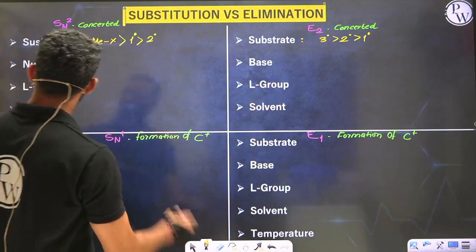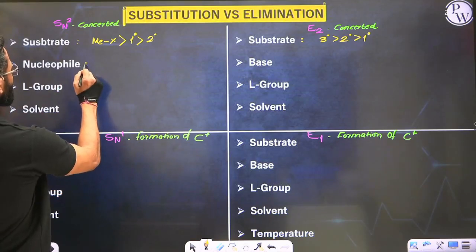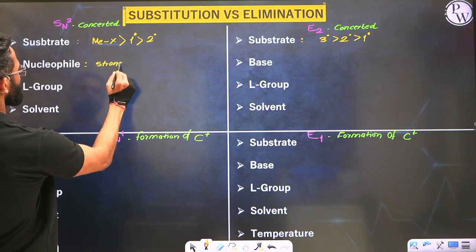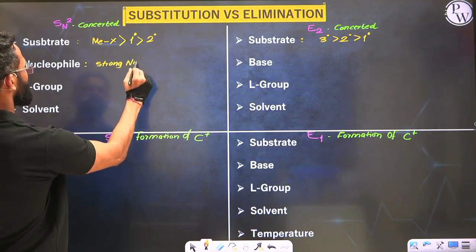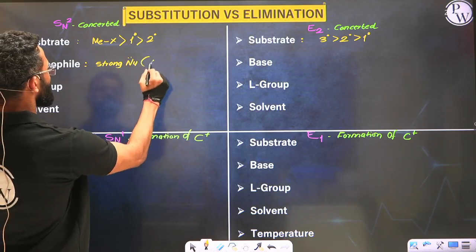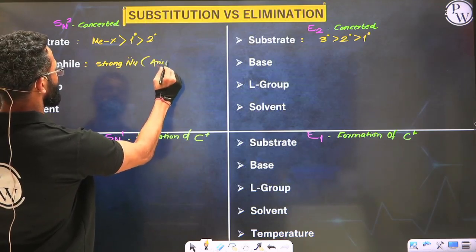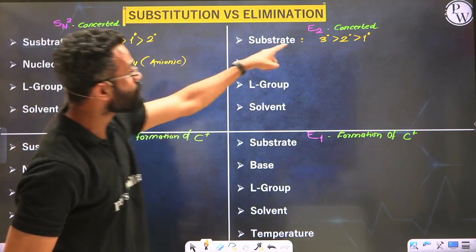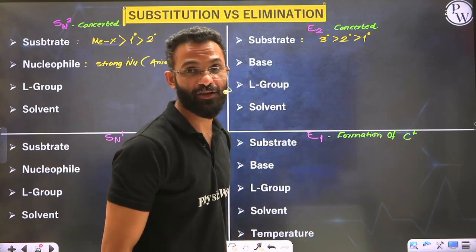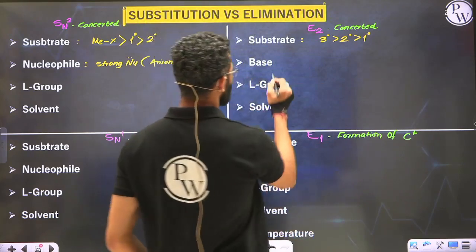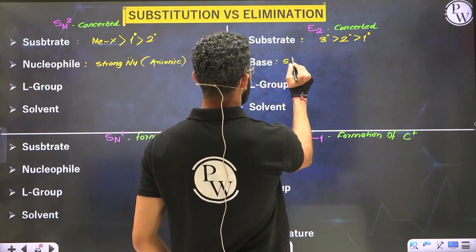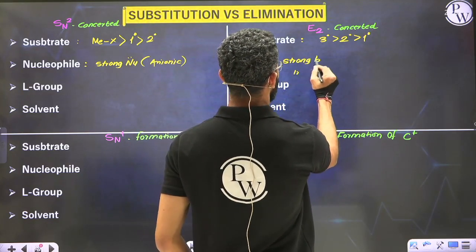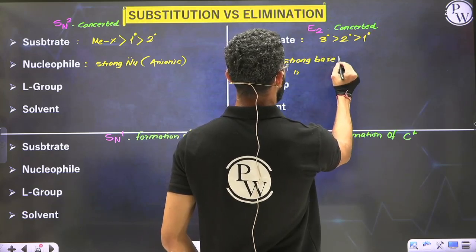Right, everyone? Nucleophile. Well, for SN2 to take place, we need a strong nucleophile. Strong nucleophile meaning anionic. Right? For E2 to take place, we need stronger bases. Just now we saw 5 bases, you all will have to always remember. So strong base. Which strong bases?